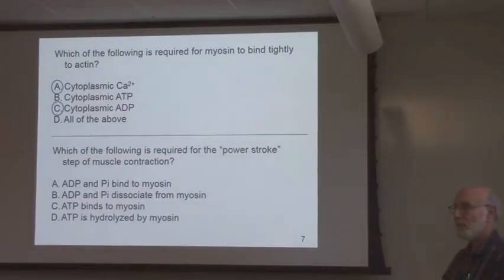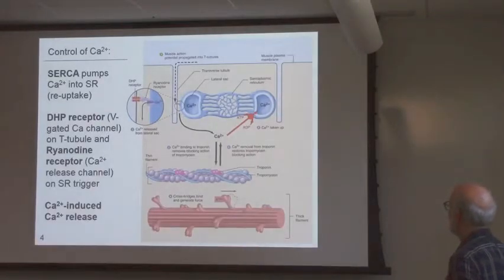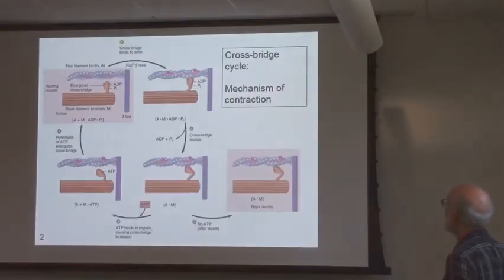Is that clear? All right, go back to the cartoon. We need calcium to move troponin and tropomyosin out of the way. And we need ADP to be bound to myosin. And then we get this high affinity binding of myosin to actin, which was the question.